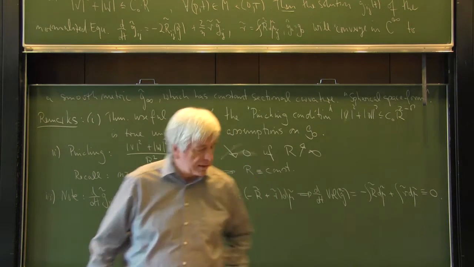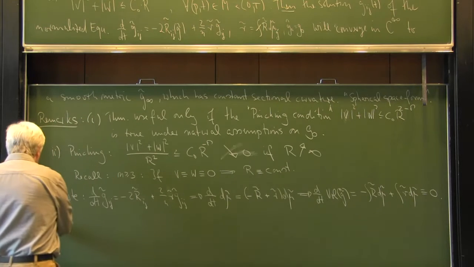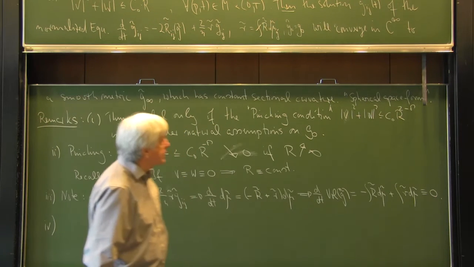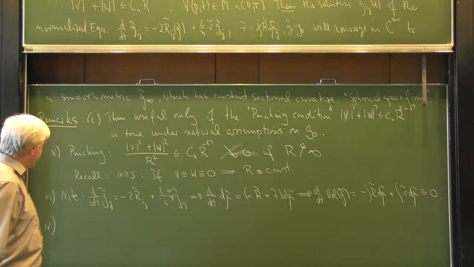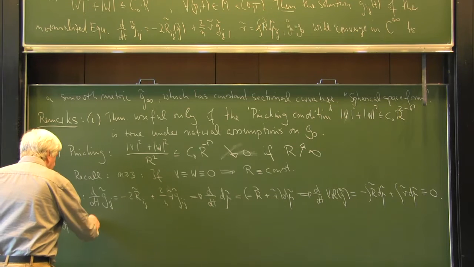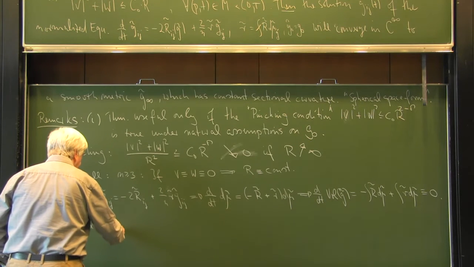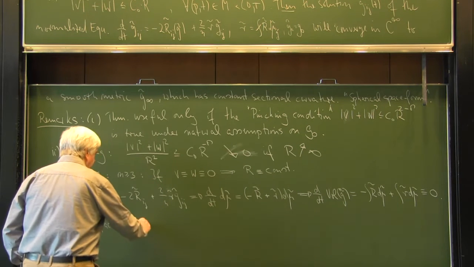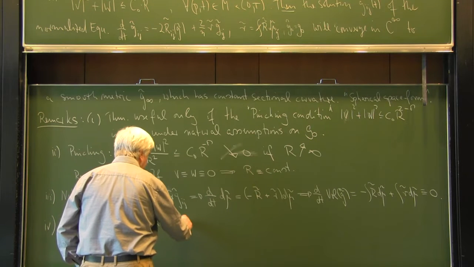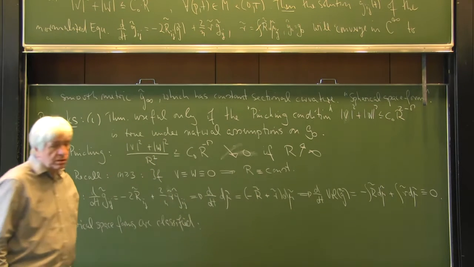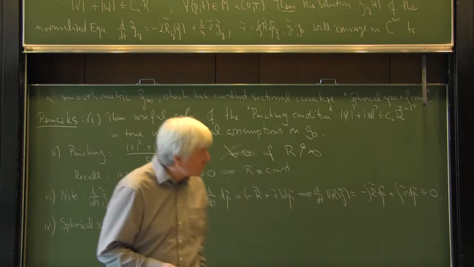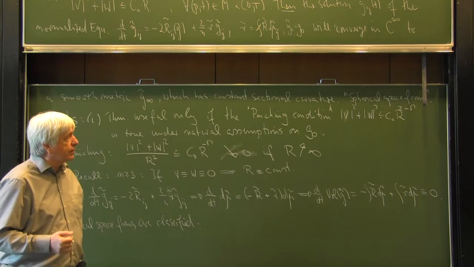And finally, the last comment is that, of course, these space forms of positive curvature, the spherical space forms, are all classified. They are all quotients of the standard sphere by groups of isometries.